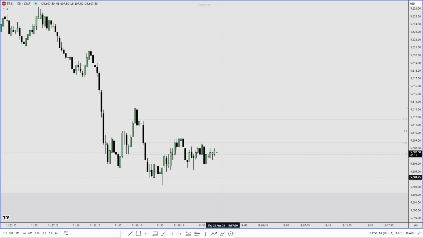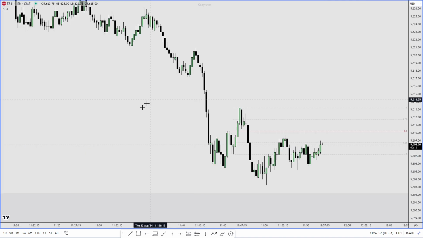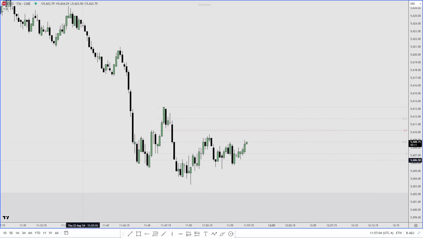The only thing that is counterintuitive is that right now we're in macro, so macro usually runs against the positions that are in profit. So right now shorts are in profits. Not to mention lunchtime as well.